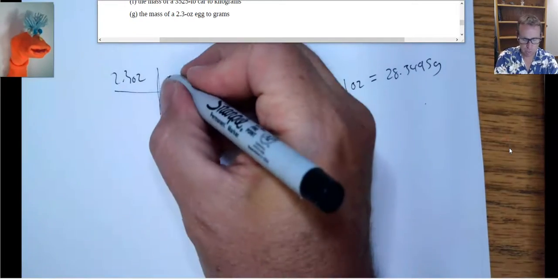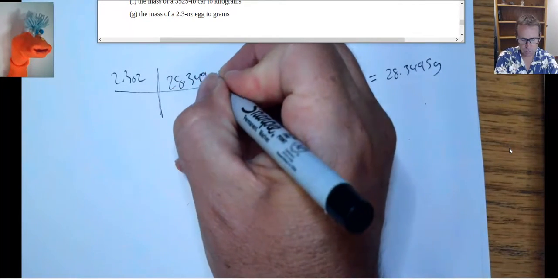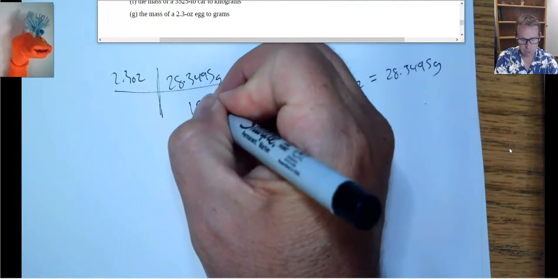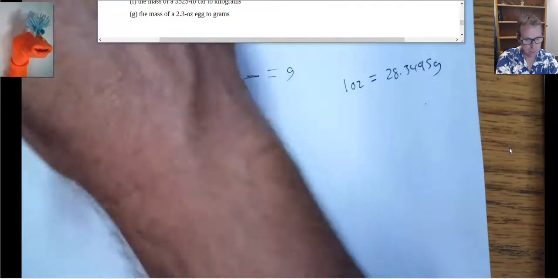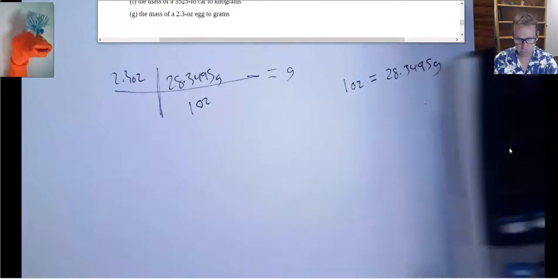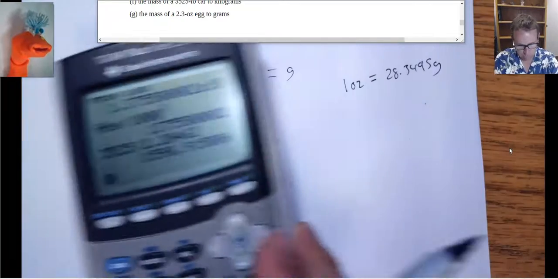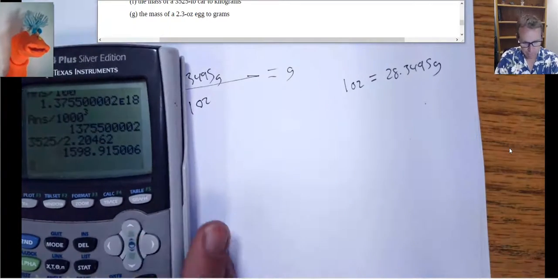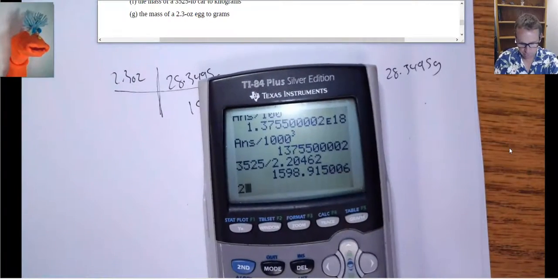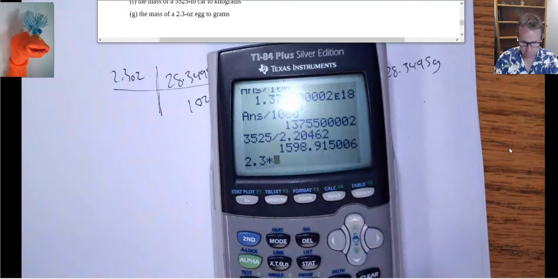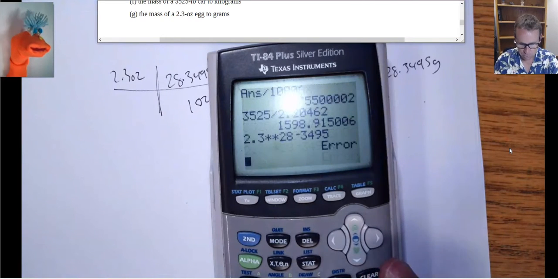Grams goes on top. 28.3495 grams for every 1 ounce. I know I need my ounces to divide out, and I need to be left with grams. 2.3 times 28.3495.